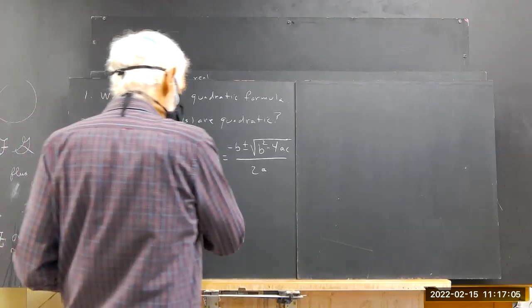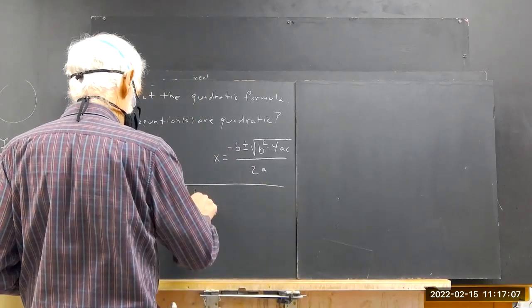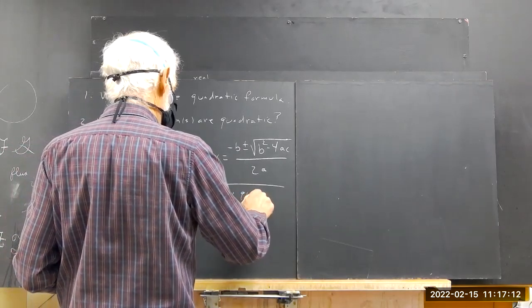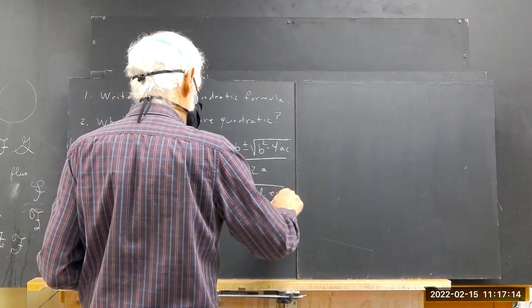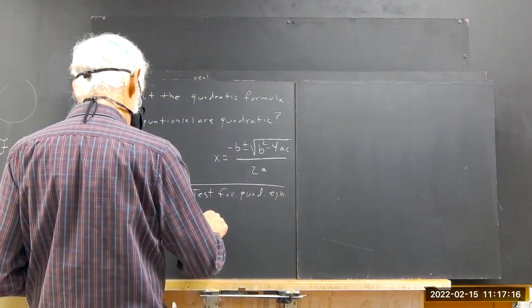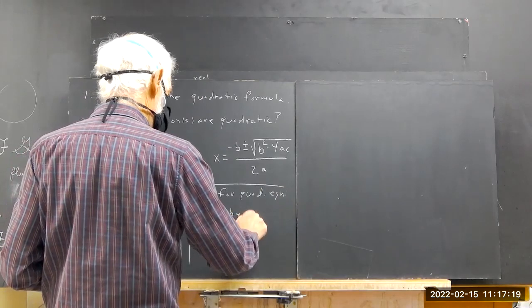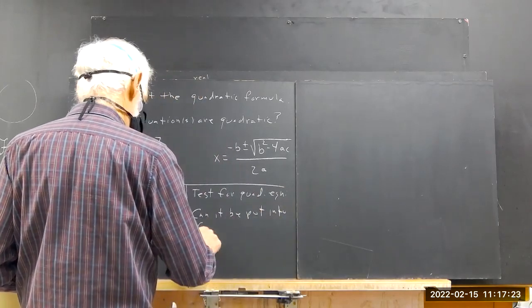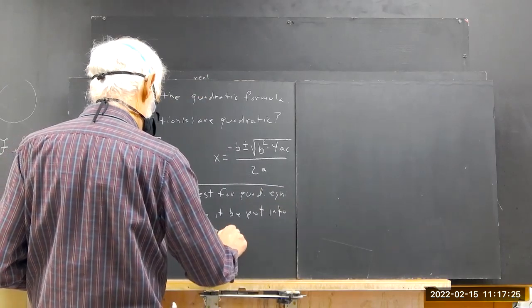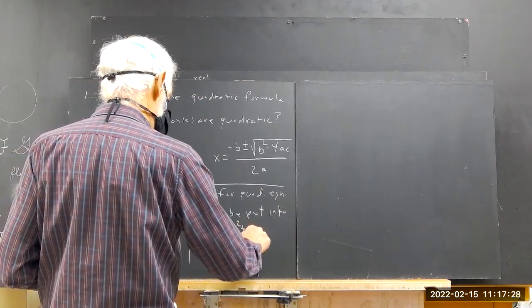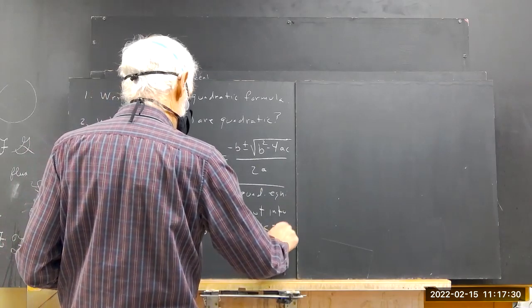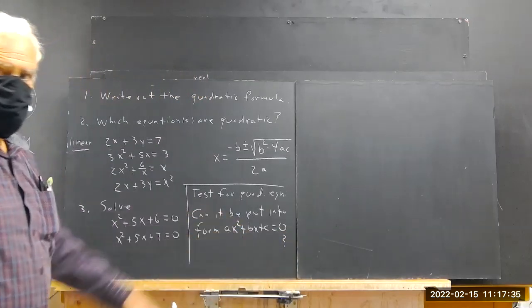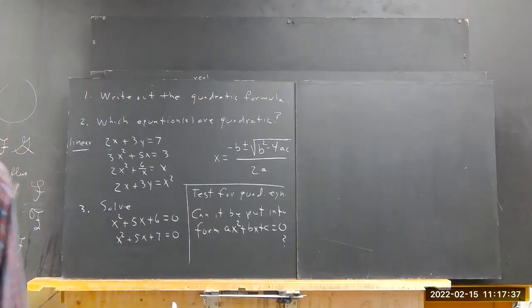The test is going to be put into the form ax squared plus bx plus c equals 0. If it can be put into this form, it's quadratic. If it can't, it isn't.